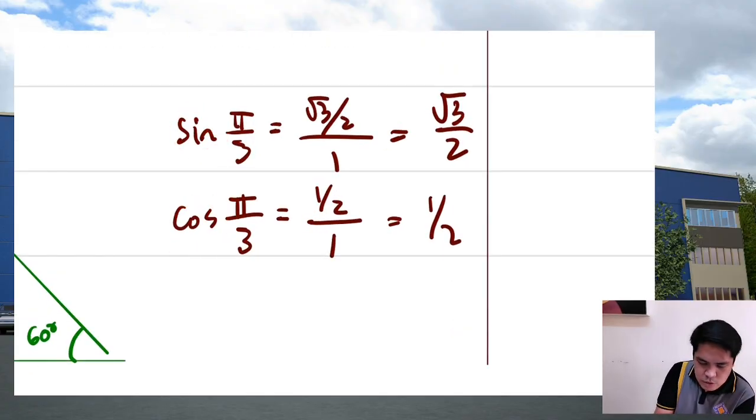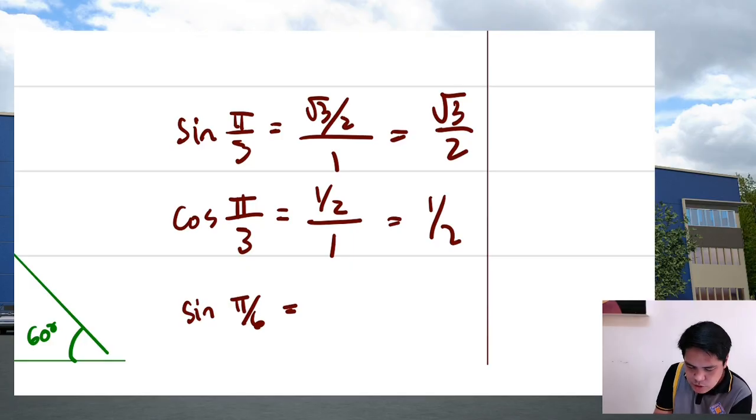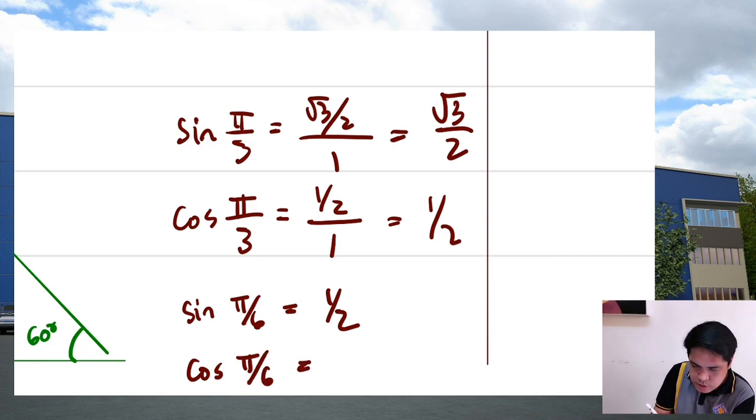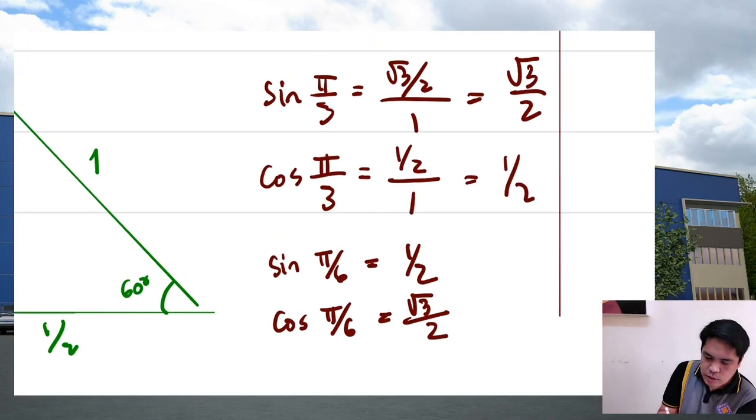So therefore, since 30 is the complement of 60, the sine of 30 degrees, or pi over 6, is just equal to cosine of its complement, which is 60. So that's 1 half. So sine pi over 6 is 1 half, and cosine pi over 6, again, its complement is the sine of 60 or sine of pi over 3, which is square root of 3 over 2. So, it's that easy.